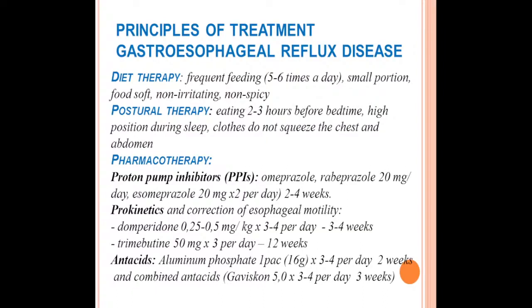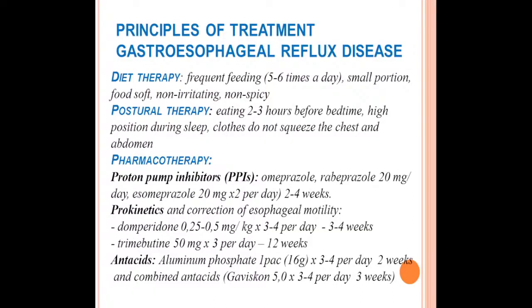Prokinetics and correction of esophageal motility: this may be domperidone, a very popular pharmacological supplement. We recommend this drug for babies younger than 3 years, older than 6 months, if the patient has recurrent vomiting, or the baby has regurgitation, physiological or gastroesophageal reflux without disease. We recommend domperidone in pediatrics.